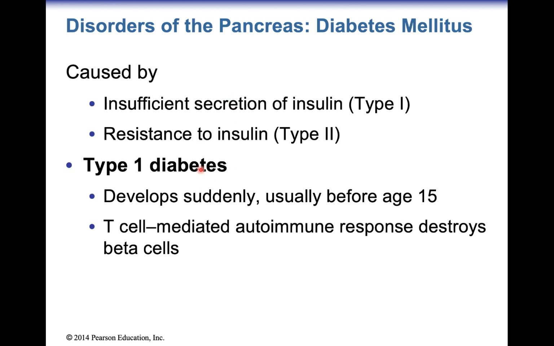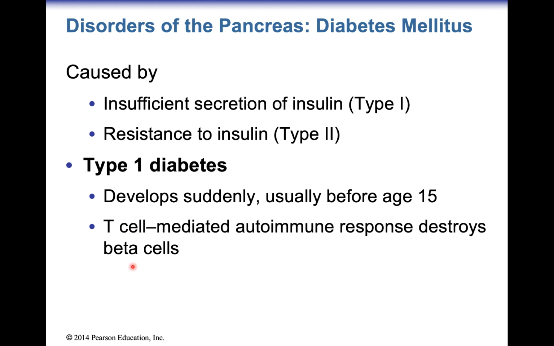Well, type 1 usually develops at a younger age. It is usually genetic with mutations to the pancreatic beta cells. And it could also be caused by your immune system destroying those beta cells. So it's like an autoimmune disorder where your own immune system destroys your own beta cells.